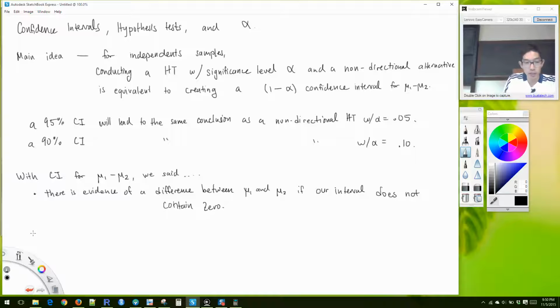On the other hand, we would say there is no evidence of a difference between mu1 and mu2 if our interval contains 0.